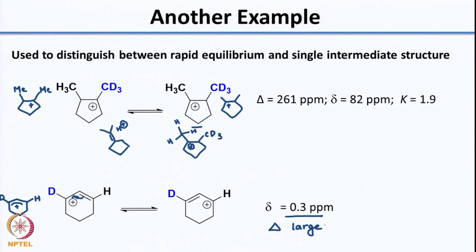So what this isotopic substitution experiment tells you is that in this case you have a single intermediate structure, whereas in the case that we saw first you have a rapid equilibrium. So this method is very nice for getting mechanistic insights into the nature of the intermediate.